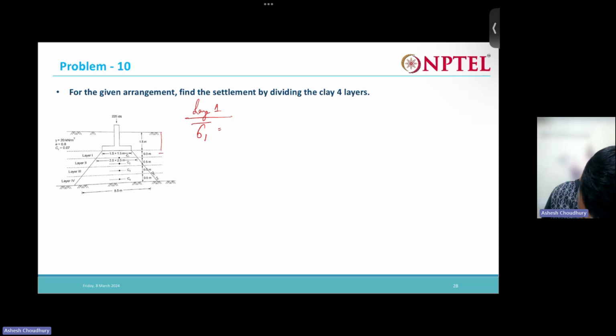So 0.25, so 1.75. Okay, next step is increase in pressure. That also you know how to find out.